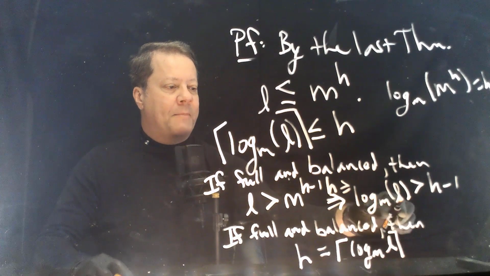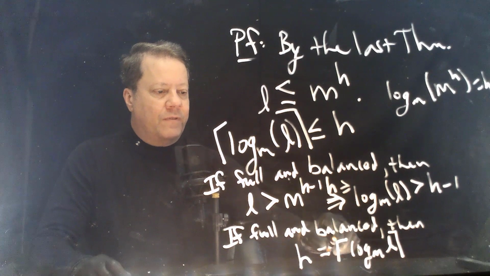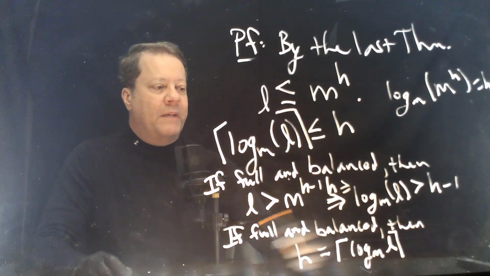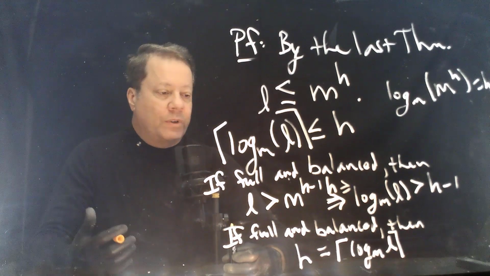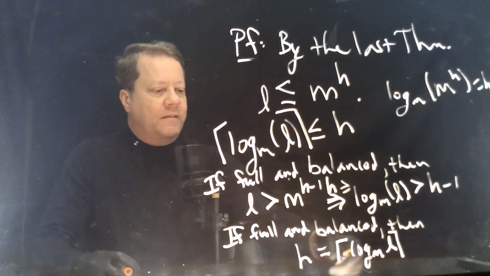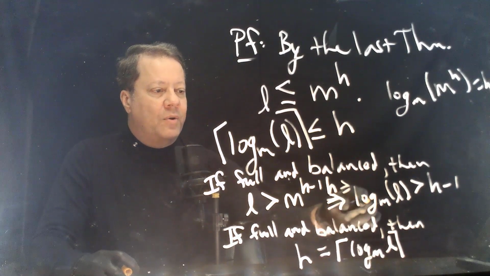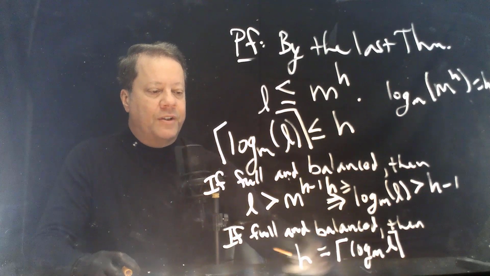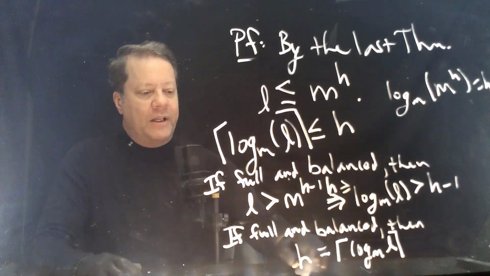So log base m of L is in between h minus 1 and h. So the worst you can do is look for the ceiling function, because h has to in fact be a whole number and not some weird irrational number or even a fraction in between. And so you can take this ceiling function and make this into an integer, and that will give you equality.